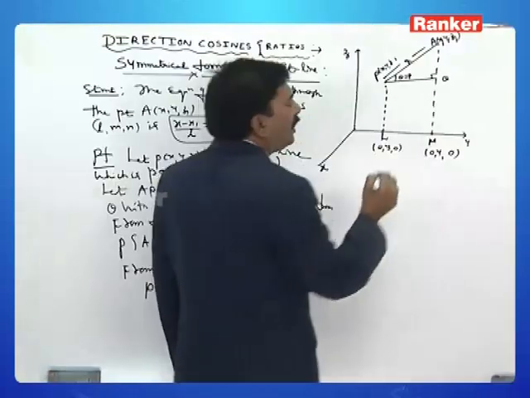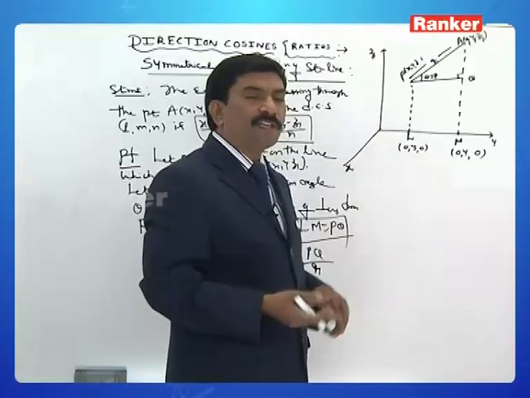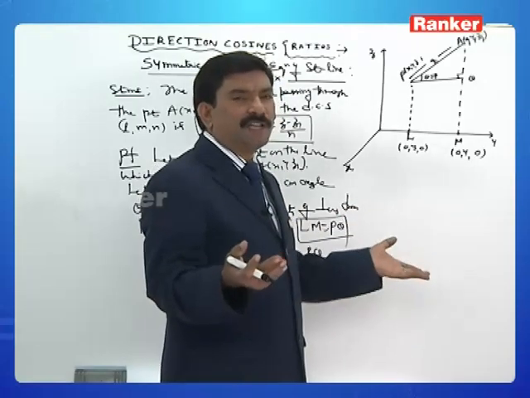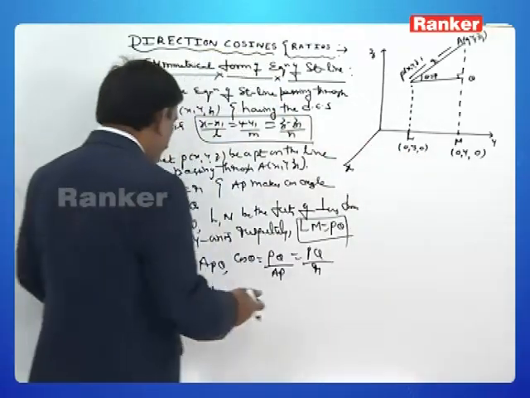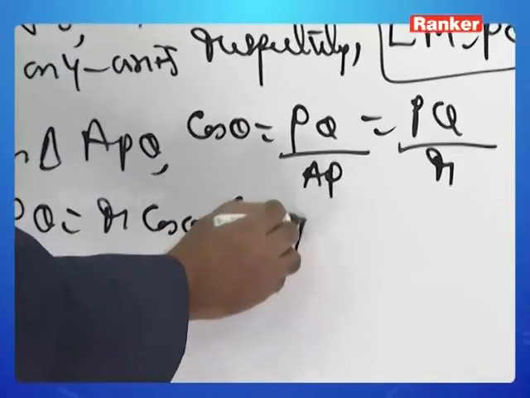Why? The angle made by the line with the y-axis, let it be beta. With the x-axis, alpha. With the z-axis, gamma. So therefore, I can write cos theta where theta is equal to beta.